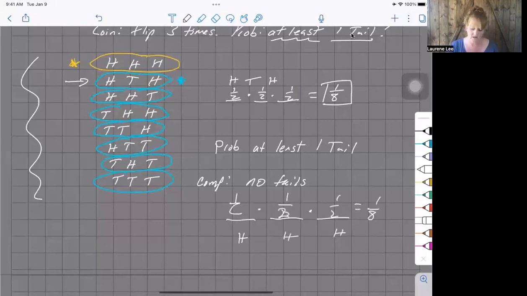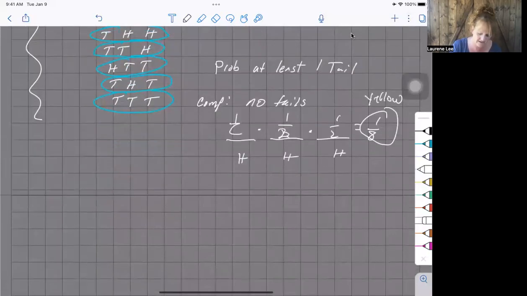Okay. Now, if I know that the yellow has a 1/8 chance, what can I say about the blue? The blue options have to add up to all the rest, right? They're complements of each other. So if the yellow is 1/8, then the complement of that, the opposite of that, is the blue.